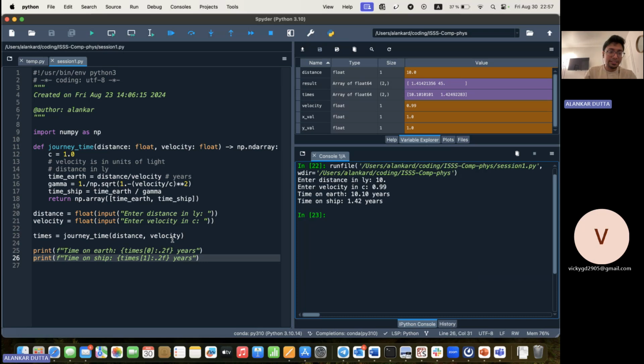So as you can clearly see, it takes 10 years with respect to someone on Earth for the spaceship to reach the planet, while for the person on the ship, it has only taken 1.42 years, so like 1.5 years.